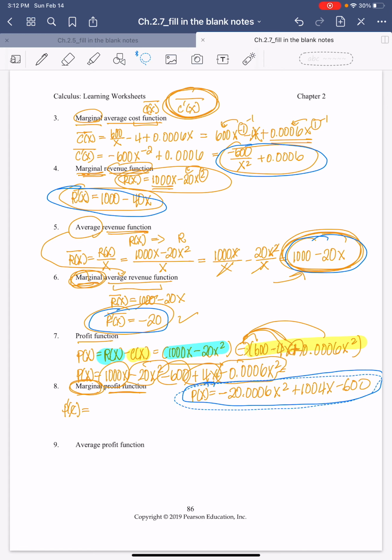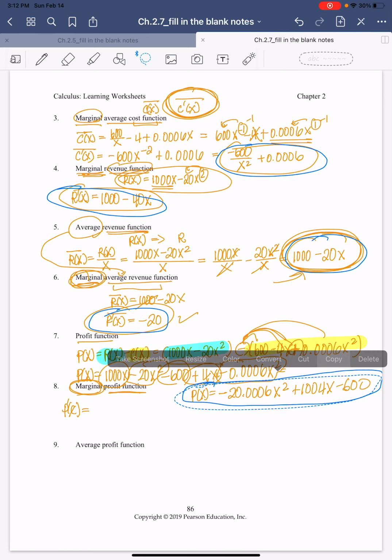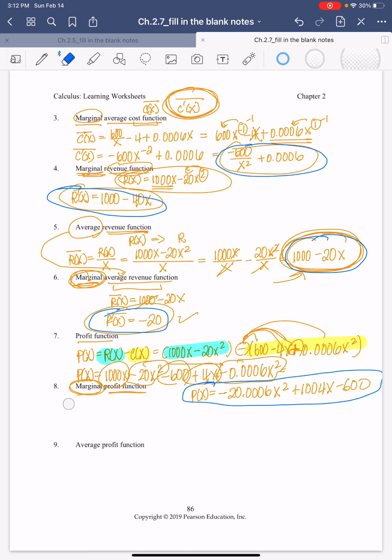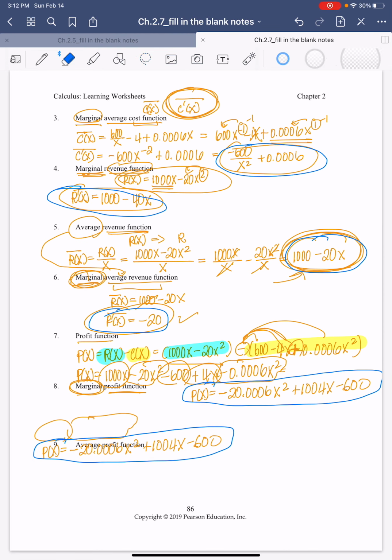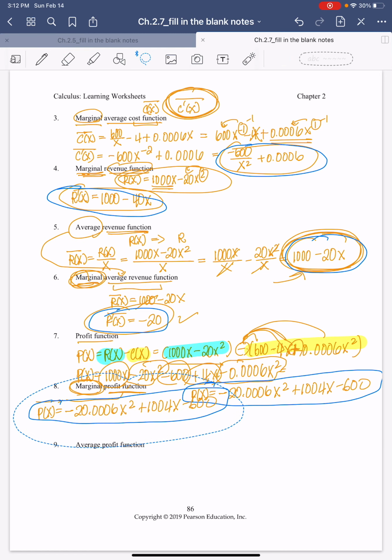Let me just copy and paste. We know what the profit function is; we just found it. What are we going to do with this? Number 8 is asking to take the derivative, P prime of x.